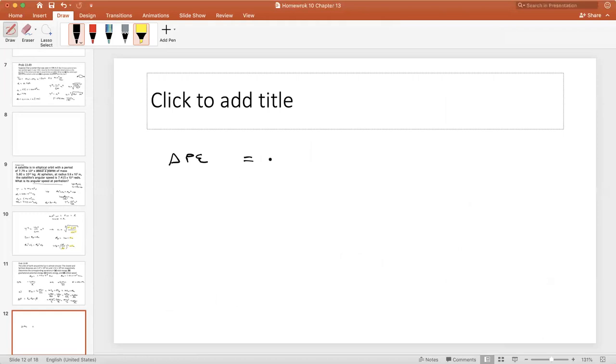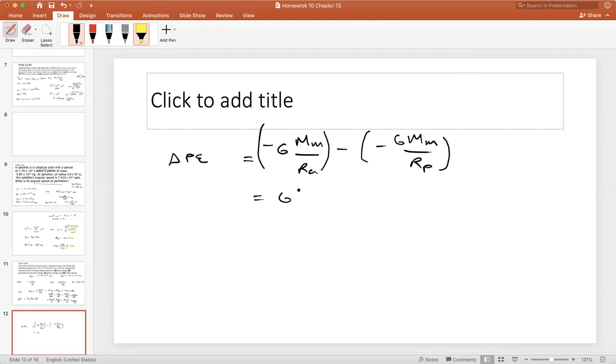So the potential energy at aphelion minus the potential energy at perihelion, minus and a minus, so this becomes GMm times 1 over RP minus 1 over RA.